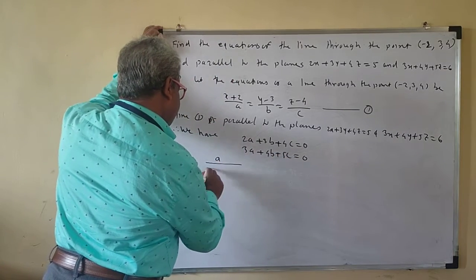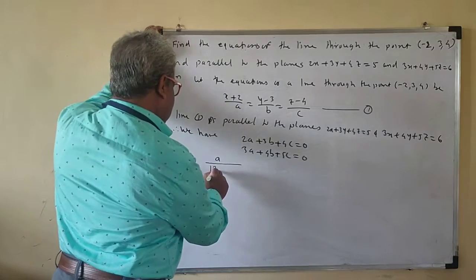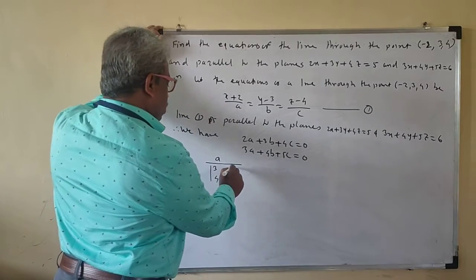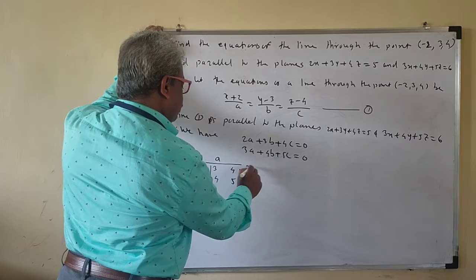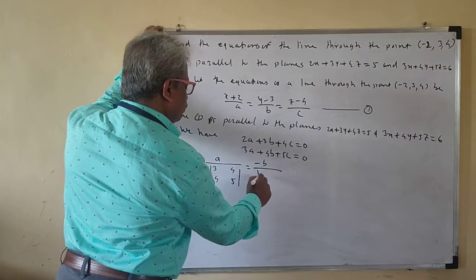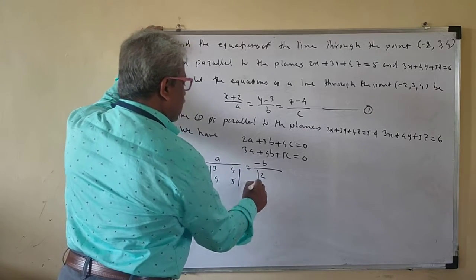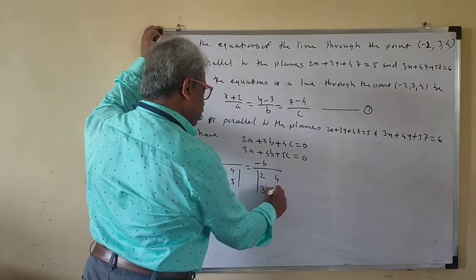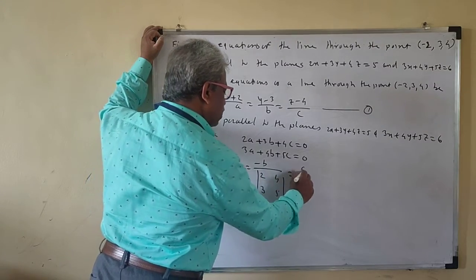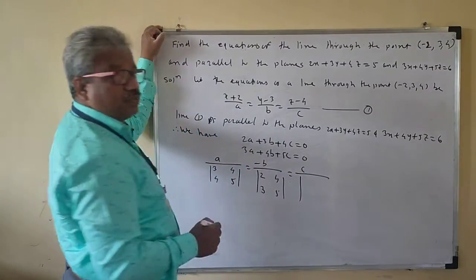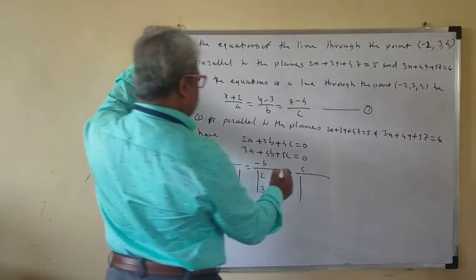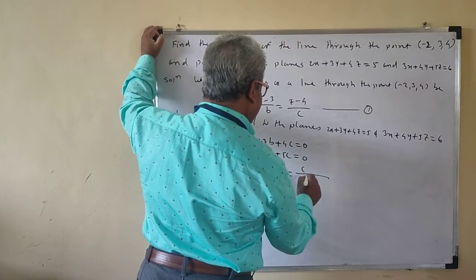So a upon, coefficients of b, coefficients of c, minus b upon coefficients of a, coefficients of c, then c upon, here you have to write the minus, coefficients of a, coefficients of b.